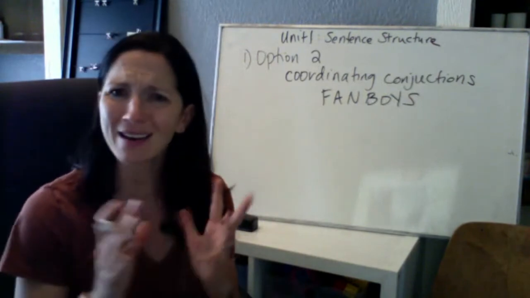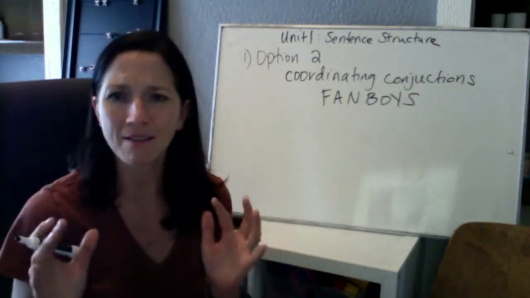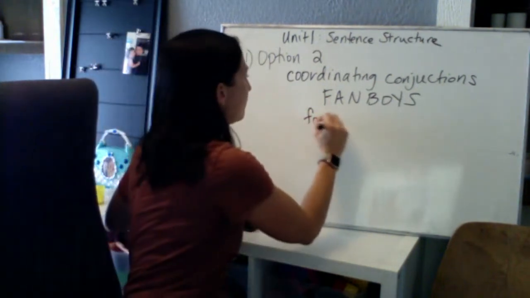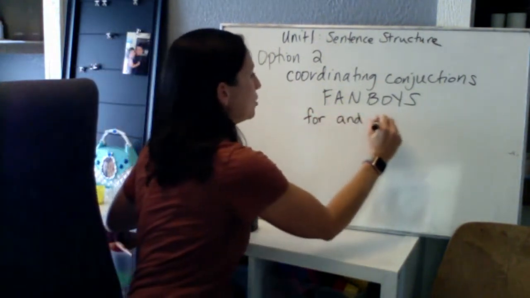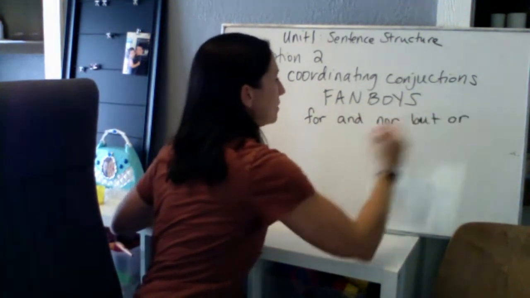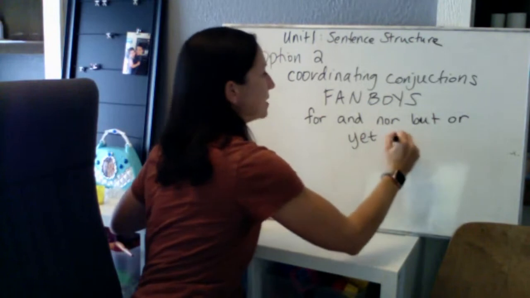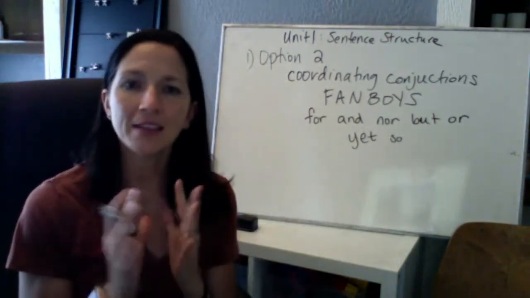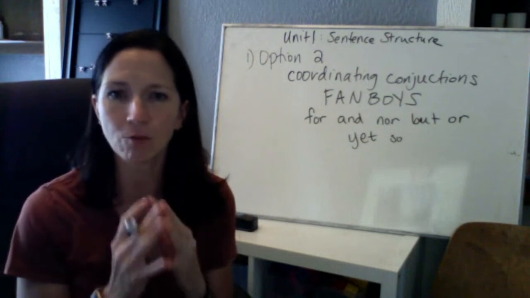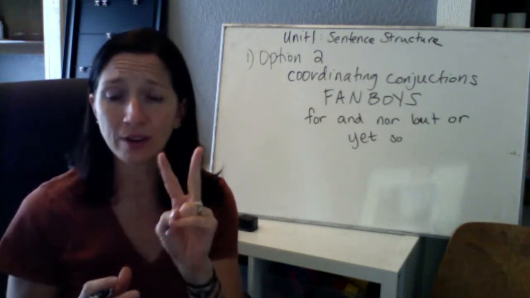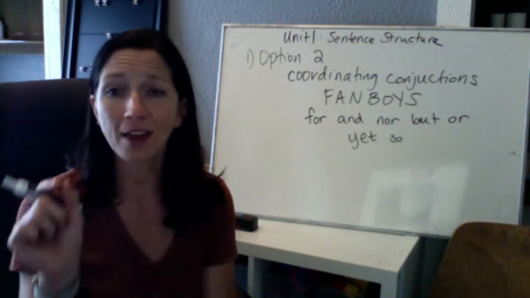FANBOYS is just an acronym for 7 coordinating conjunctions in English: for, and, nor, but, or, yet, and so. These are a group. They all act the same. And this is important because they follow the same rule. Coordinating conjunctions combine 2 independent clauses with a comma.